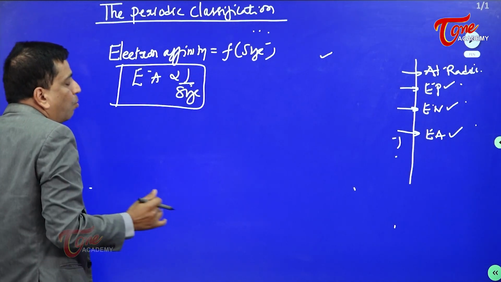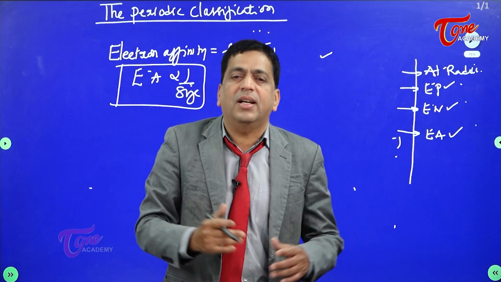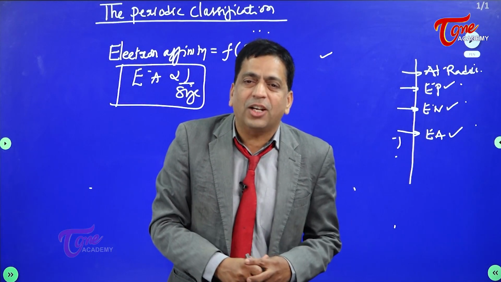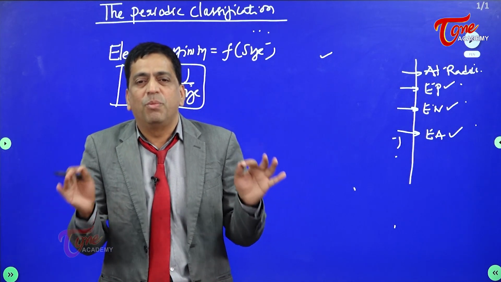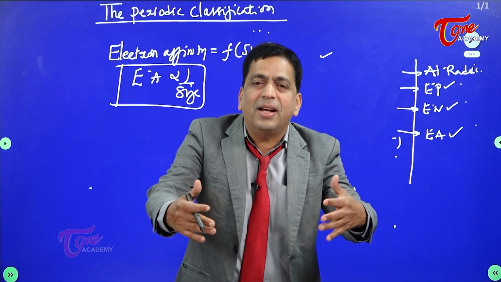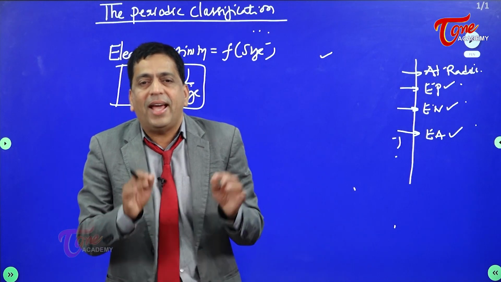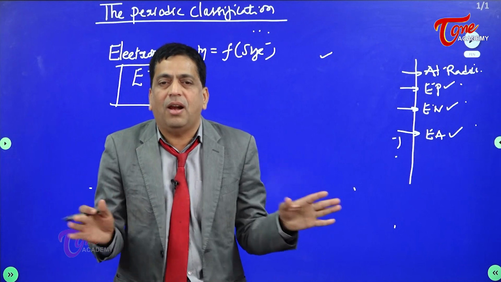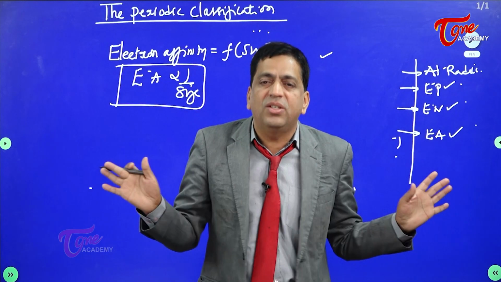So the smaller the size of an atom, the nuclear force of attraction would be higher. The moment you add the electron, it's held really tightly by the nucleus, indicating natural love for the electron, greater love, more affinity, more energy released.